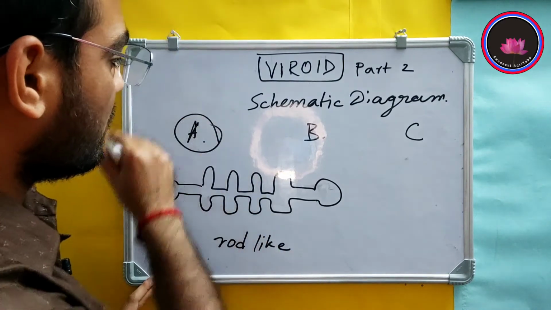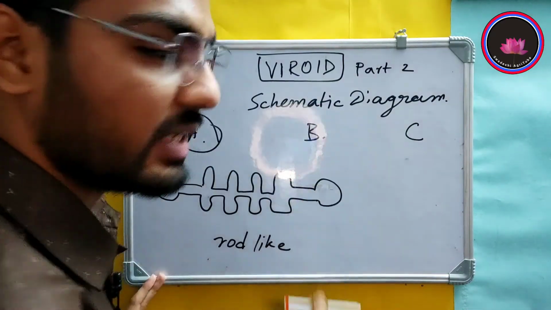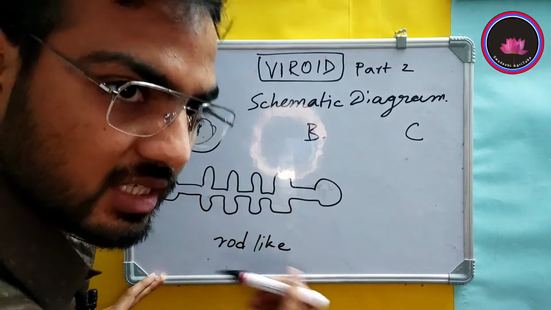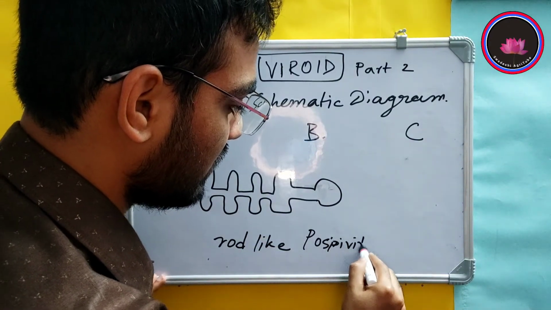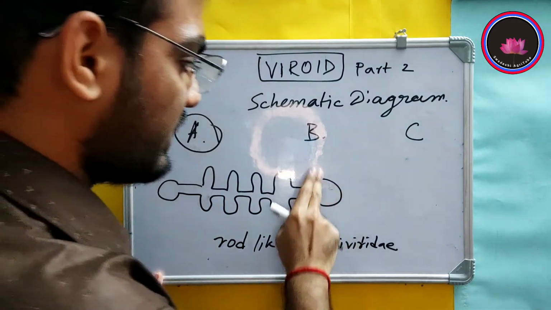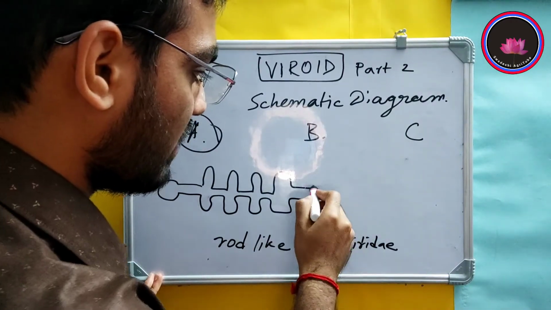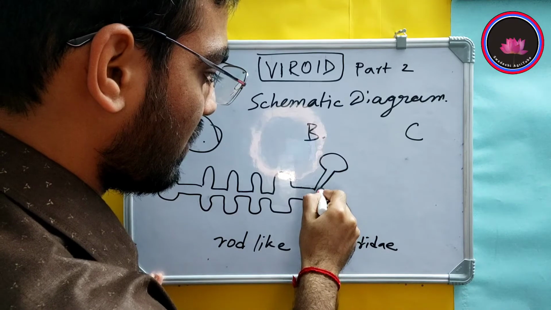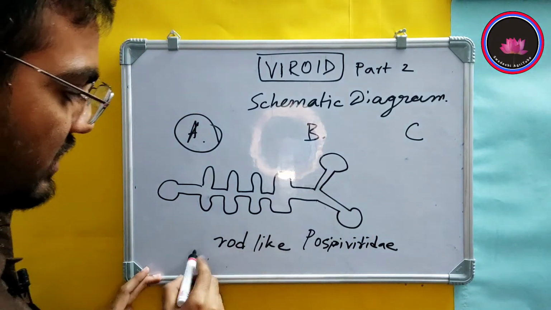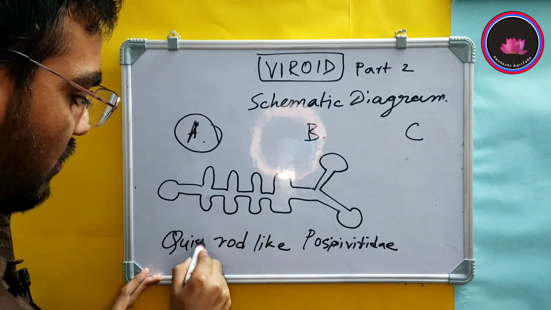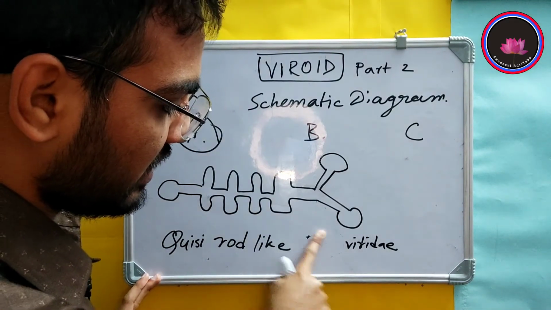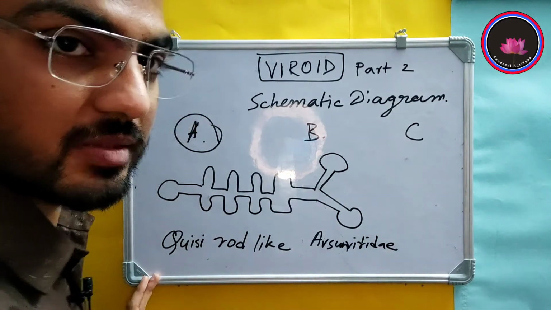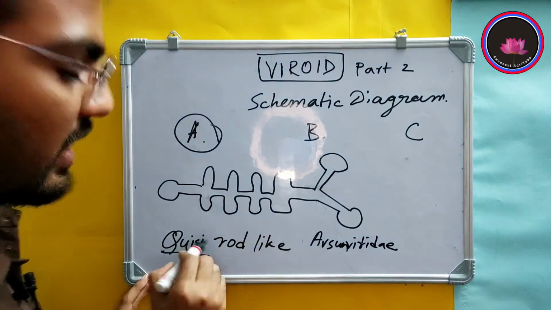This is one example of a schematic diagram, and this rod-like structure is seen in Pospiviroidae. If there is a branch, this is called a quasi rod-like structure, and this is found in the Avsunviroidae.